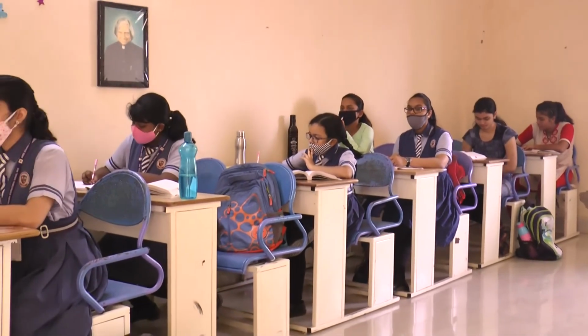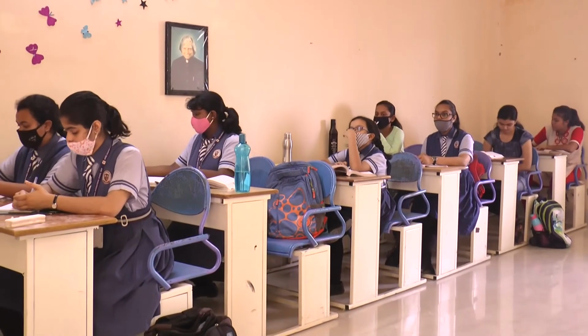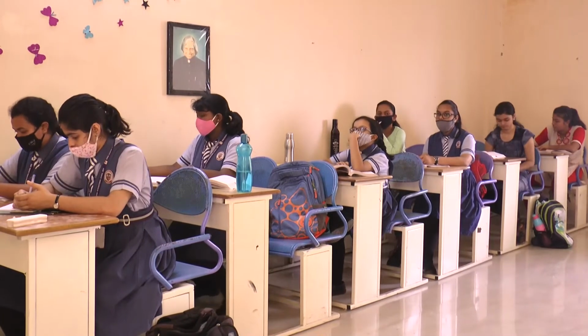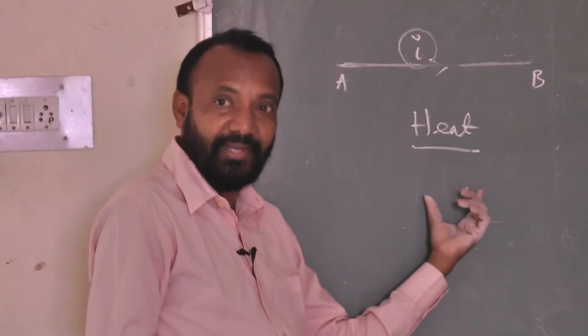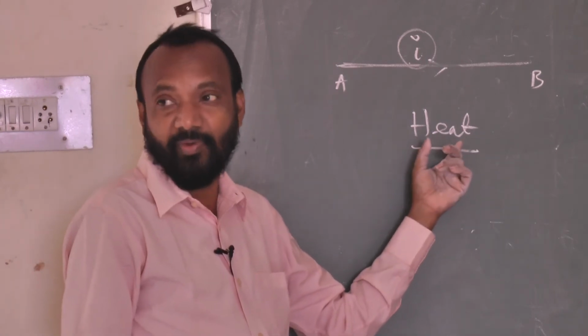If I amount of current is passing through this conductor, the total electrical energy is not converted. Some fraction of the electrical energy is dissipated, and that dissipated energy is called heat energy.